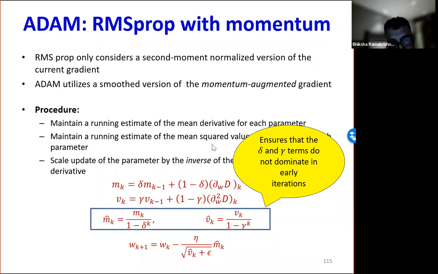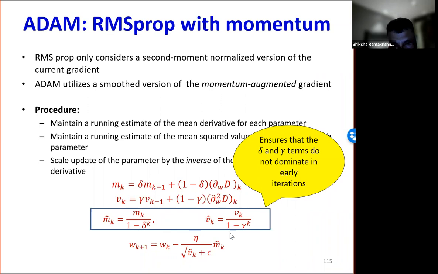So in order to account for that, you have this correction, which makes sure that this actually gives you something that has significant updates as the iterations progress. It just ensures that the delta and gamma terms do not dominate in early iterations. That's kind of a heuristic hack.